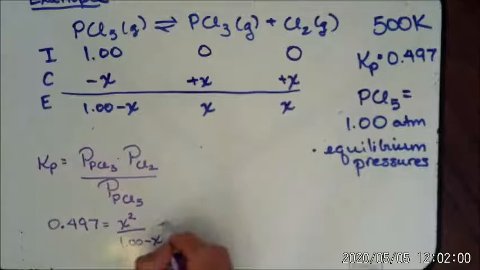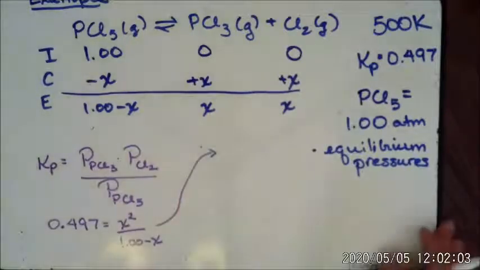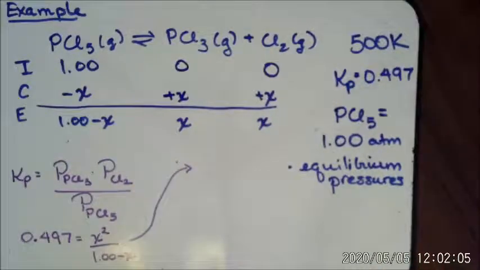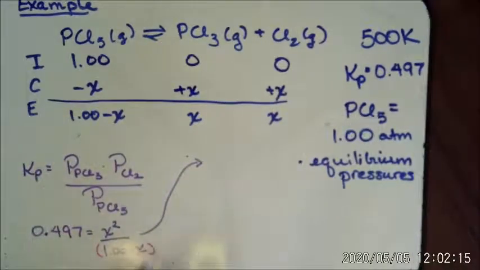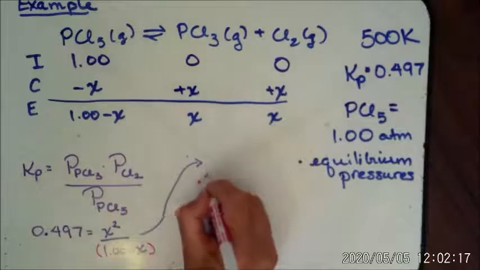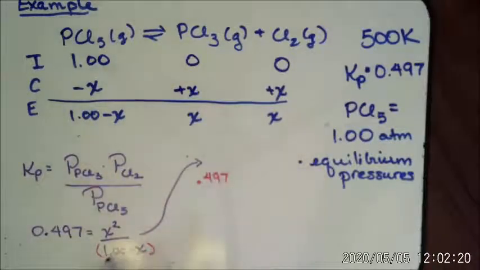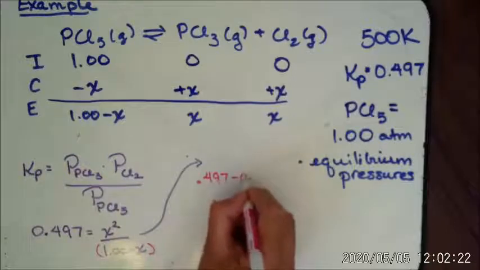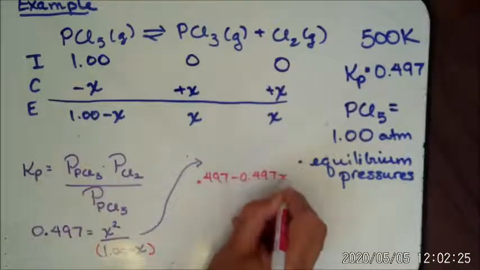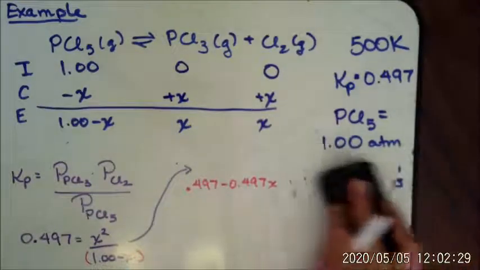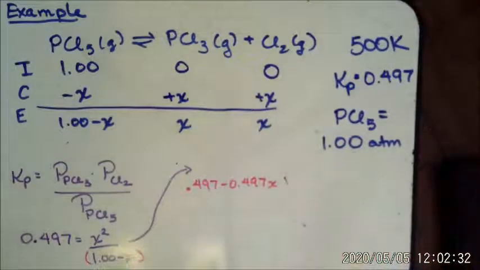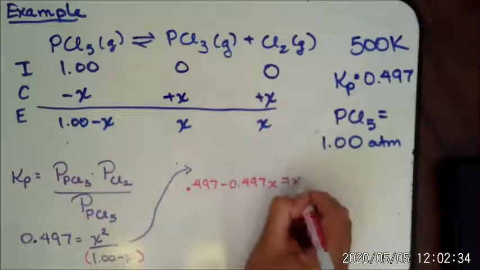So now we just have to go through and get our quadratic equation. We're just doing the algebra part. If I take this expression and put it up here, it's going to be 0.497 times 1 minus 0.497x, and that's going to be equal to x squared.